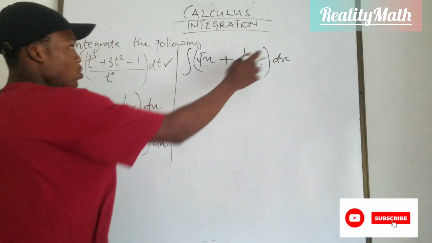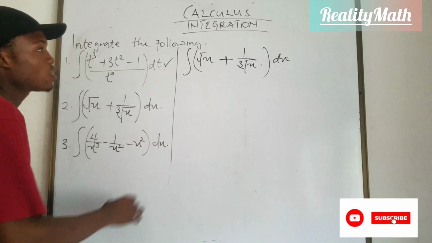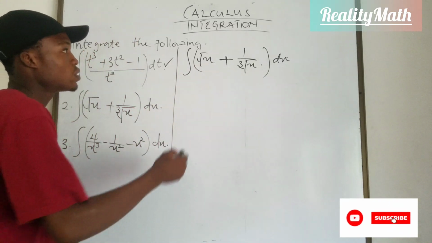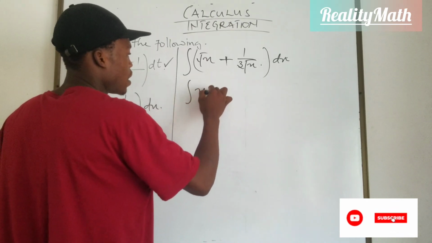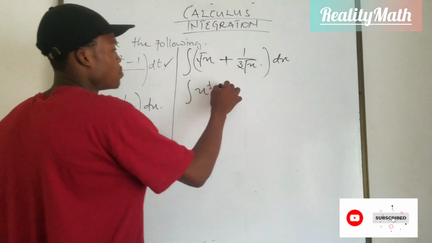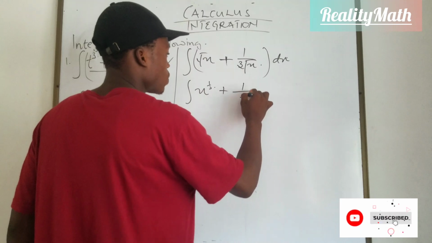Okay, so you know that this is dx because the function is in terms of x. So let's do some little algebra here. What can we do? Simplify it. We know that the root is the same as x to the power half, plus 1 over x to the power 1 on 3.